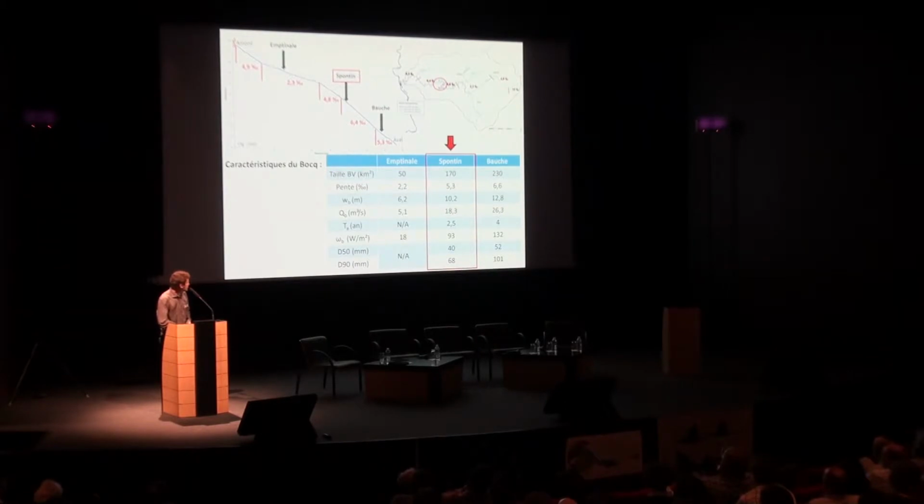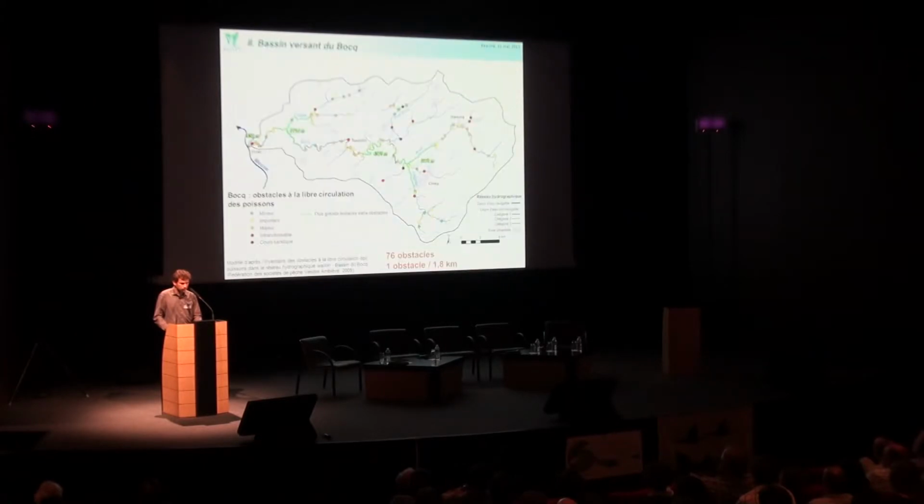You can see here the characteristics of this section. The river Bocq is quite powerful, as you can see. It can transport coarse sediment between 4 and 90 centimeters.